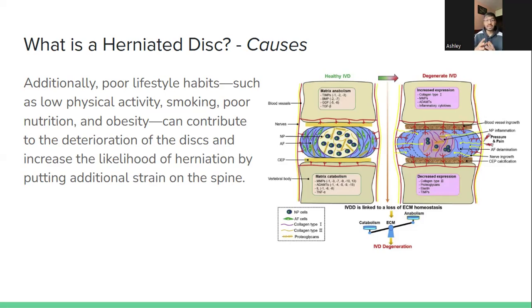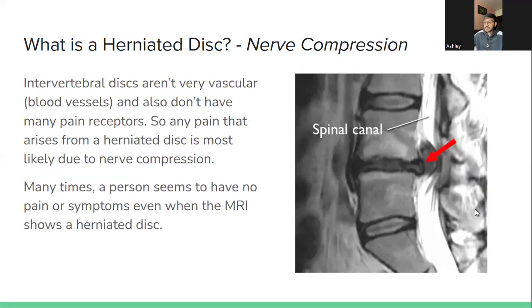Obviously, we don't see hypertrophy in any of these discs, but there should be a healthy balance of breakdown and repair. Sometimes there'll be more breakdown when you have all of these bad habits in your life, and that puts additional strain, and then it can't handle it, and it becomes herniated. Okay.